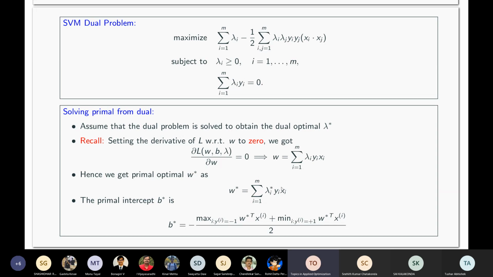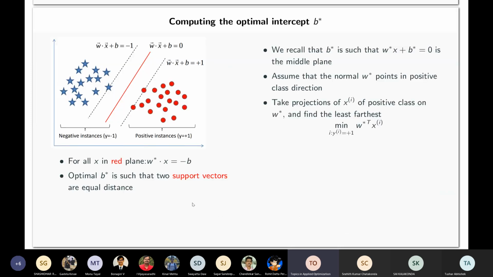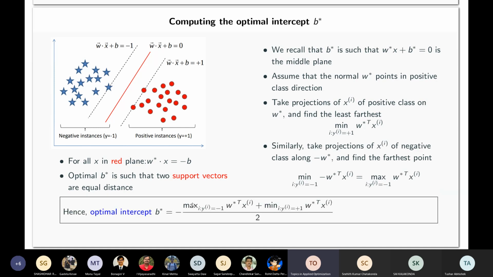Okay, the intercept B star is a little bit interesting because of the way it is done, as shown here. The whole idea is to find the optimal intercept B star. What is B?